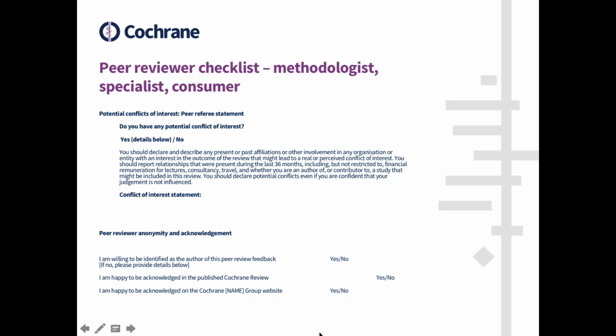Moving on to the peer reviewer checklist, please make sure that your peer review checklist, which is sent to methodologists, specialists, consumers, and all those involved in the peer review process, includes these sections. There's a section on the potential conflicts of interest.